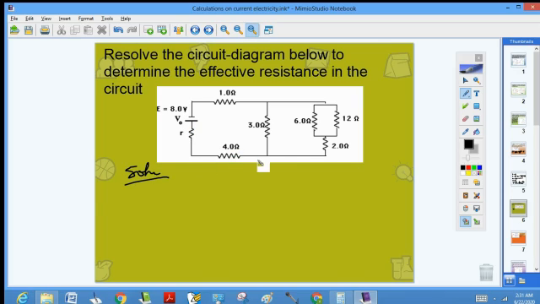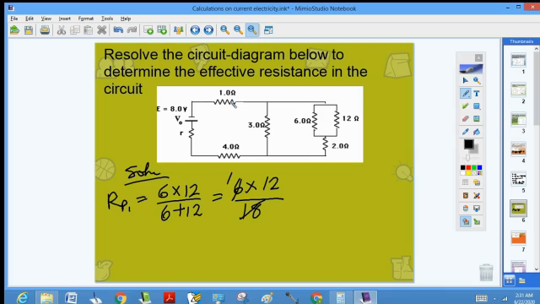So we have R parallel 1 equal to 6 times 12 over 6 plus 12, which gives us 6 times 12 over 18, and 6 cancels itself once and cancels 18 to give us 3, and 3 cancels itself once and into 12 to give us 4. So what we have here is 4 ohms.